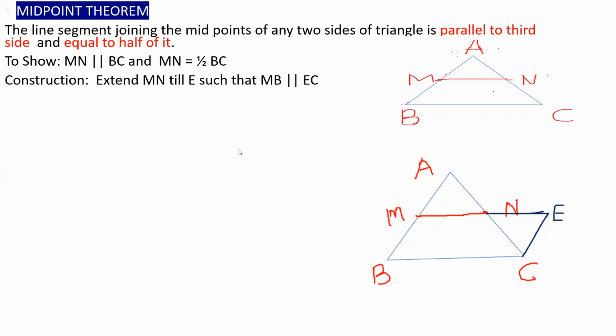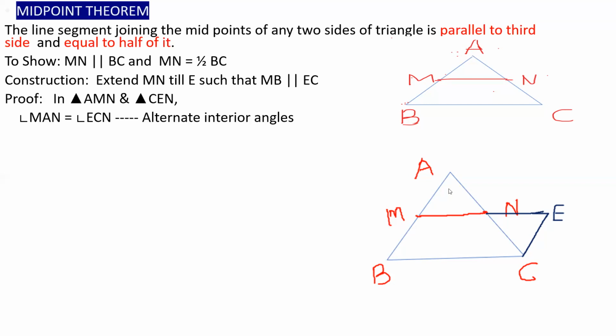So let us see how we are going to prove this. We take these two triangles, AMN and CEN. In these two triangles, angle MAN is congruent to angle ECN as AB is parallel to CE, and these two angles are alternate interior angles. Therefore, they are congruent. This is one part of the congruence. Then AN is equal to CN as N is the midpoint of AC, that is given.